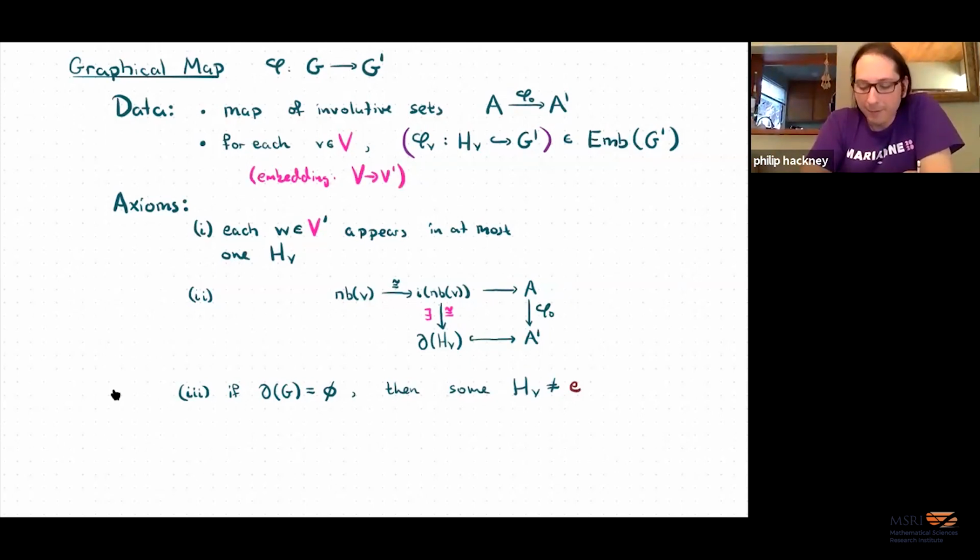Here you don't have a map from V to V prime, but rather you have a map from V to sort of the embeddings of G prime. So the things that have codomain G prime. And V prime sits inside of these embeddings. So embeddings are examples of these.